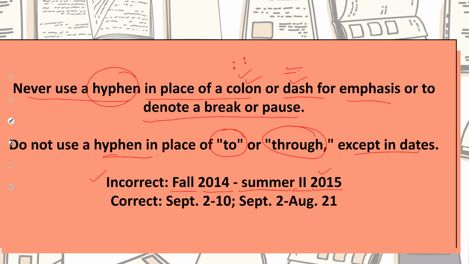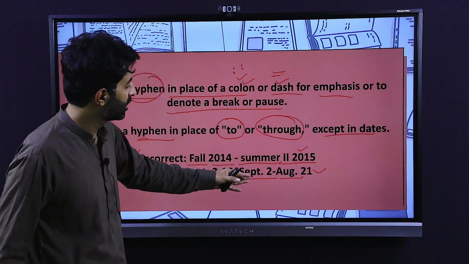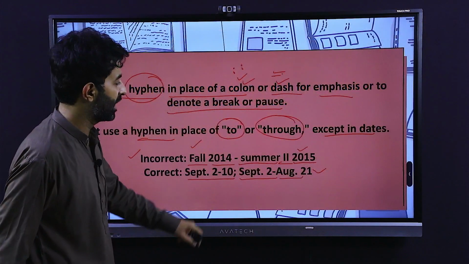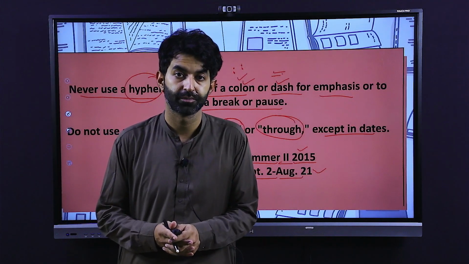Rather, you would write it using the words to or through, or write out the months. Here we used hyphens to show the month and the year, but this is not in the correct format. So that would be wrong if you do it.